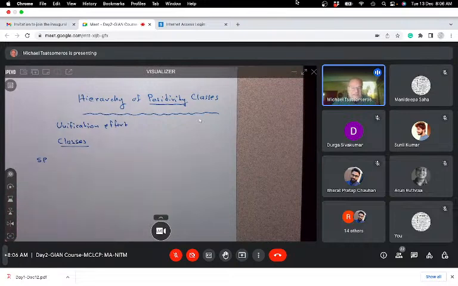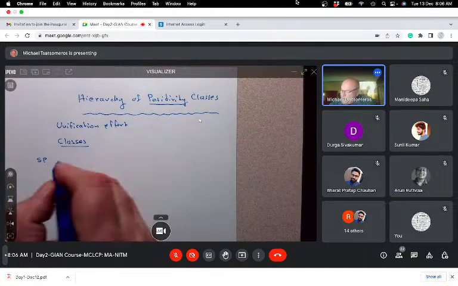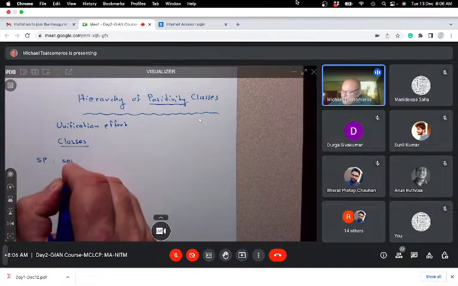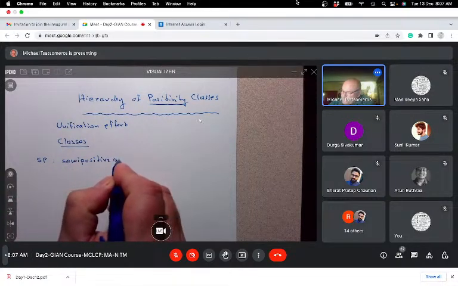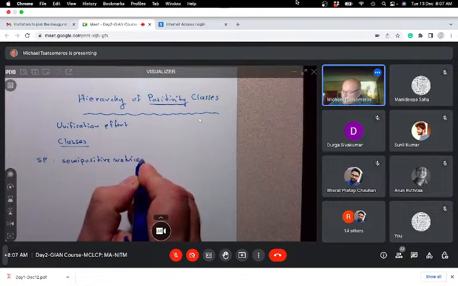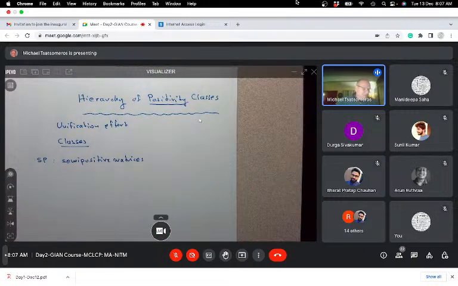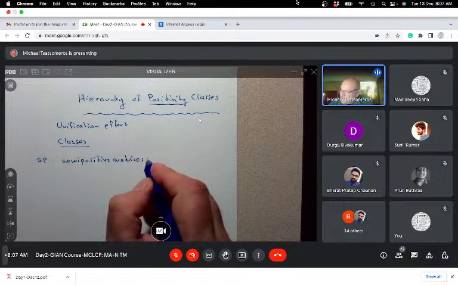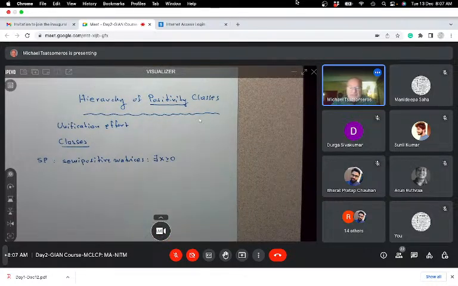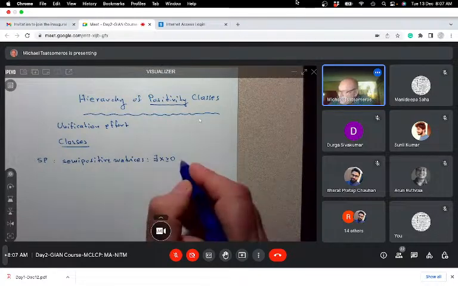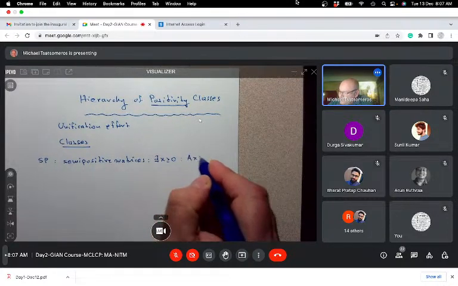First one is the class SP. Okay, so this will be the so-called semi-positive matrices. What is their definition? The definition is that there exists a non-negative vector x such that A times x is positive.